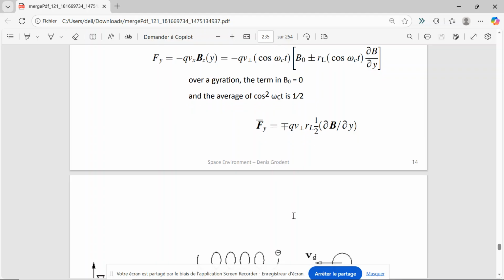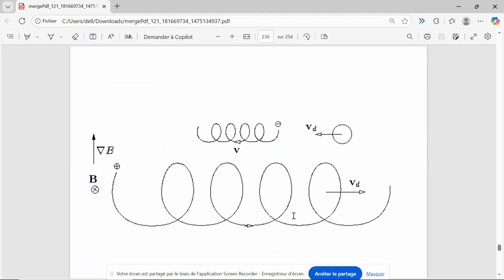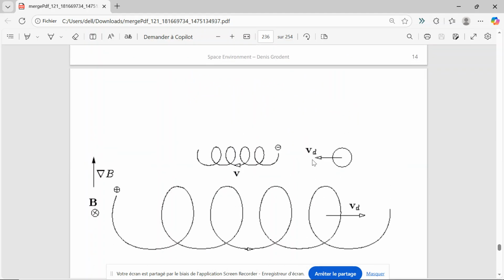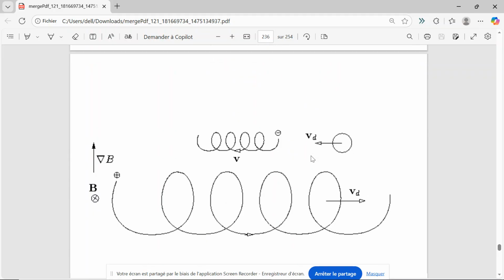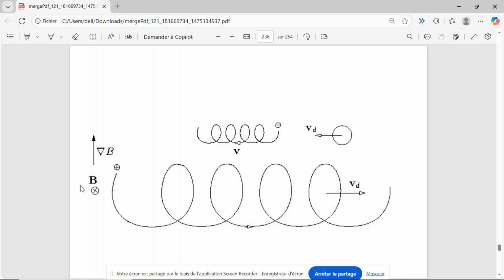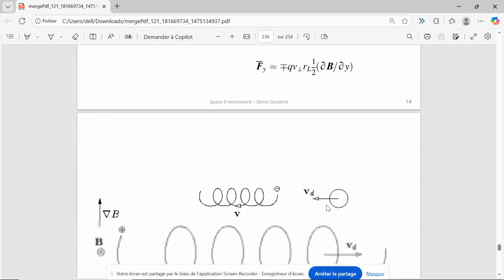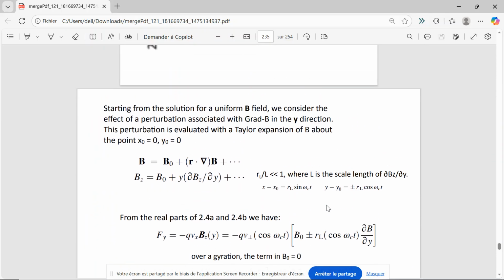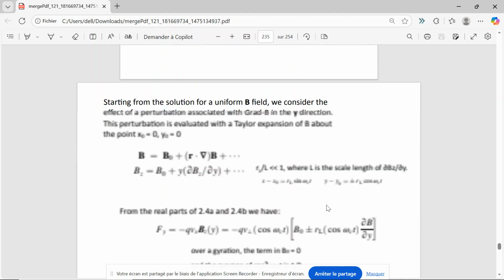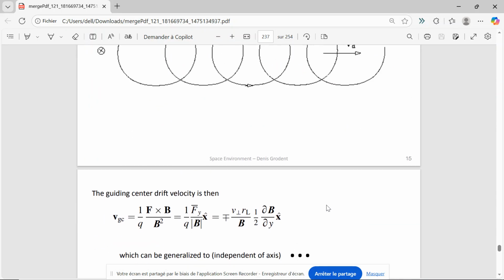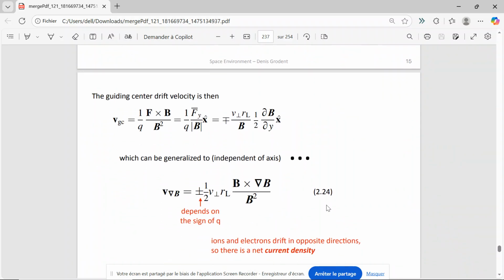So when we have a gradient of magnetic field in the perpendicular direction, the electrons will move in the left direction while the protons will move in the right, inducing a net current. They drift in opposite directions.